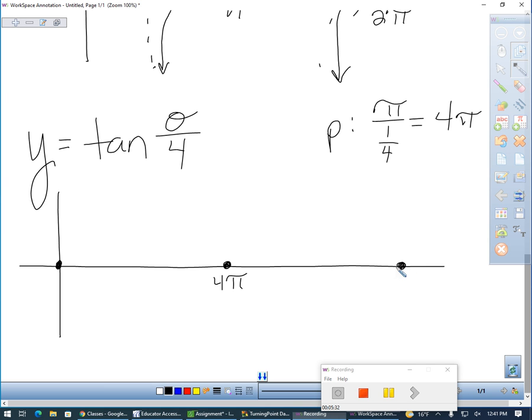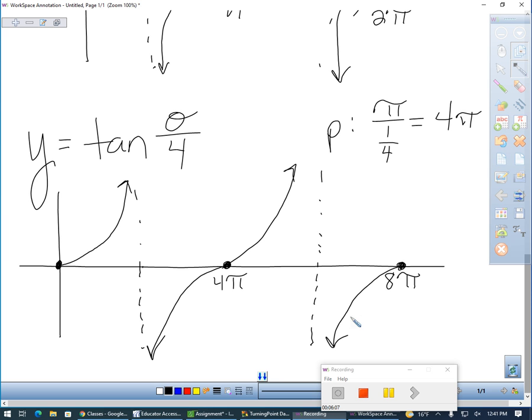You guys still good? Halfway in between there, we're going to put an asymptote. Halfway in between 4 pi and what would be 8 pi, I'm going to put an asymptote. I start at 0 and approach the asymptote. Same thing here. Now, if you can draw it doing the S, you can do that, or I always have to start at 0 and approach both ways to draw it, but we can do it the other way if you want.